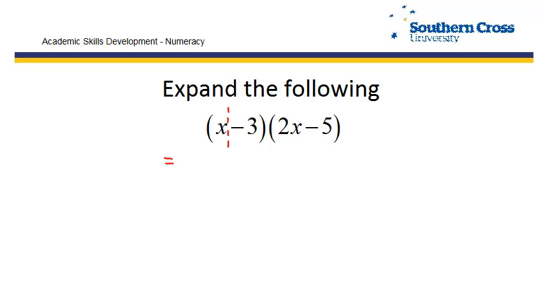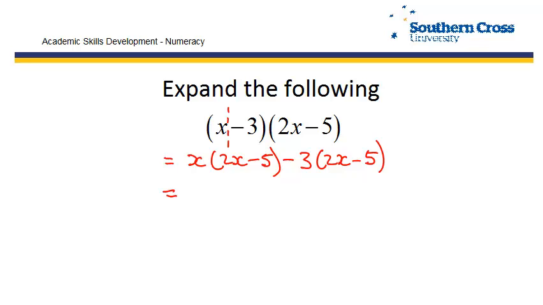So one way of ensuring that is to split the first factor up and to say, well, that's going to be x lots of 2x take 5, then bring the other term in, subtract 3 lots of 2x take 5. This means that every possible combination is going to get multiplied.